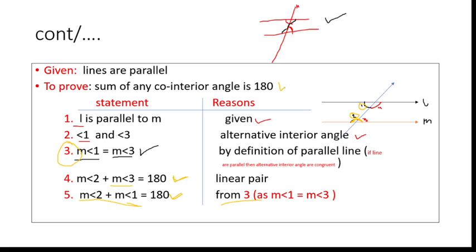This completes our proof. So if two lines are parallel, then their co-interior angles are supplementary. Thank you for your attention. We will see you in the next proof. Allah Hafiz.